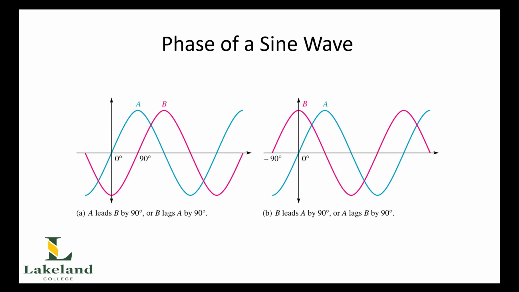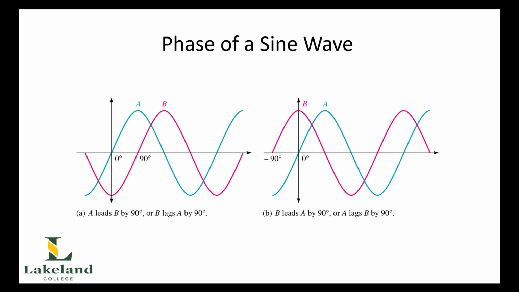So you can see here on the left that we have 2 sine waves, wave A and wave B. You can also see that if we take a look at those 0 positions, waveform A starts at 0 and waveform B starts at 90. So we could say that waveform B has started after waveform A. Now in the electrical world, after is regarded as lagging, and lagging simply means to come after.